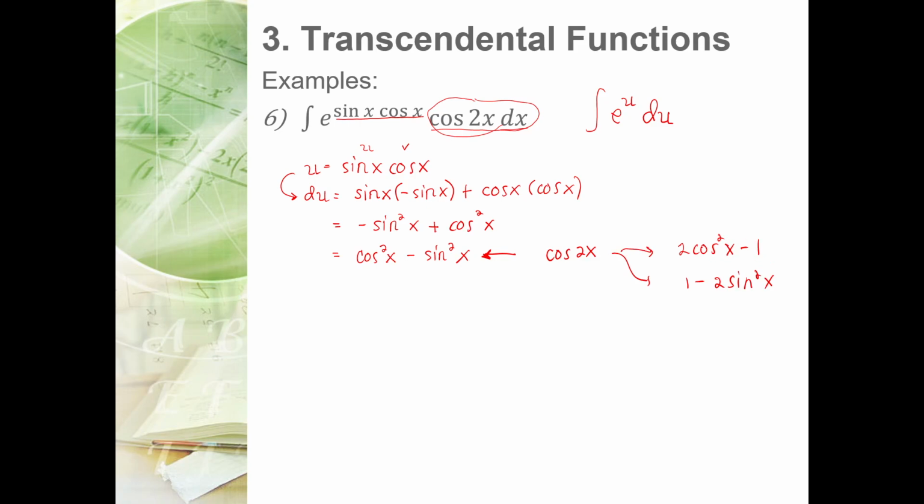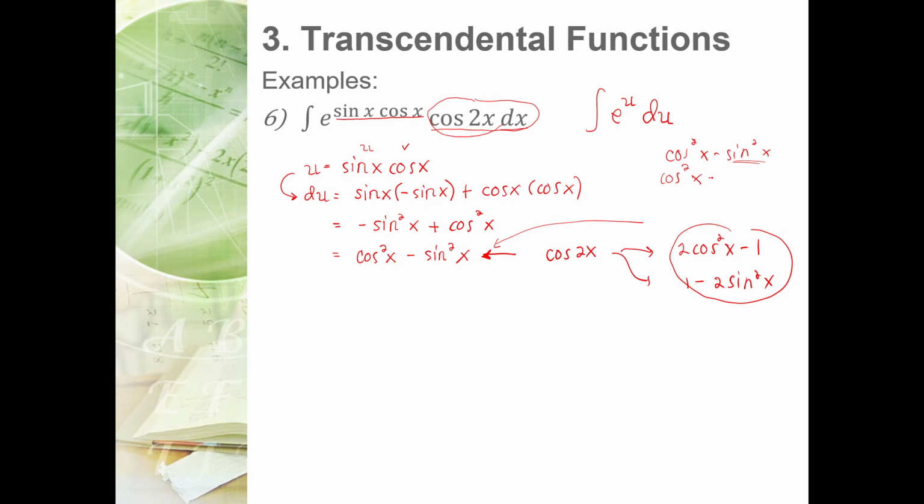So the formats on the right side are just coming from this format, because you just replace, so let's say you have cosine squared x minus sine squared x, then you replace this one with the corresponding Pythagorean identity.